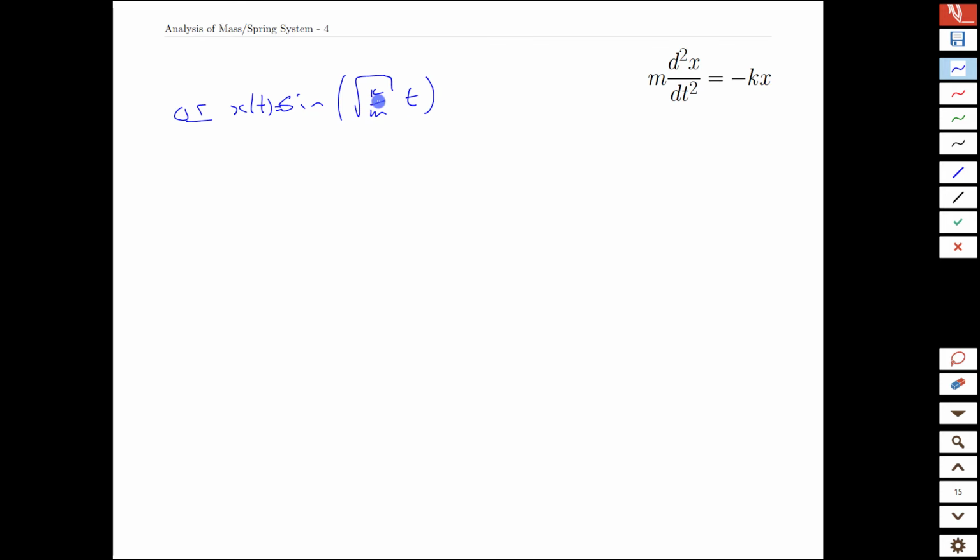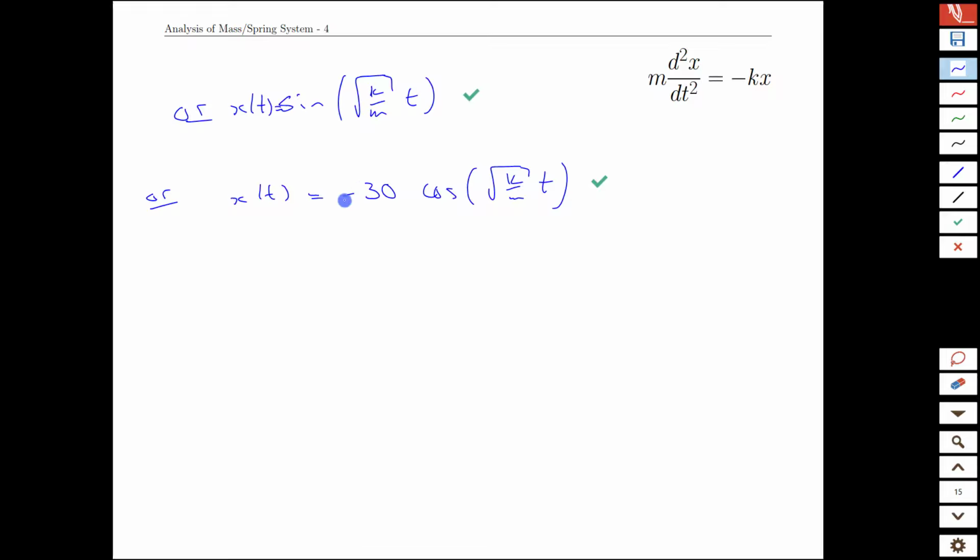If you went through the same process, you would find that it too satisfies the equation. And it actually turns out that if we start with x of t equals, let's say, negative 30 times cos of square root of k over m times t, that would also work fine.